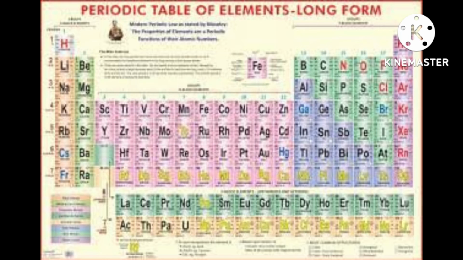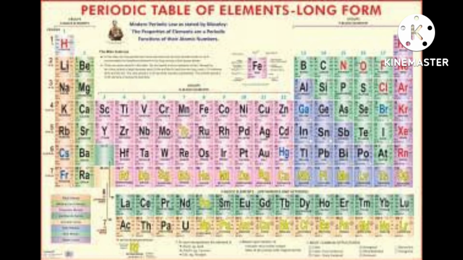For example, if you see the periodic table, in group 1 only the s orbital will be there. From top to bottom the size will increase and the elements will be different, but in the last orbit only s1 will come, because in the first group the last orbit has only one electron in the s orbital.